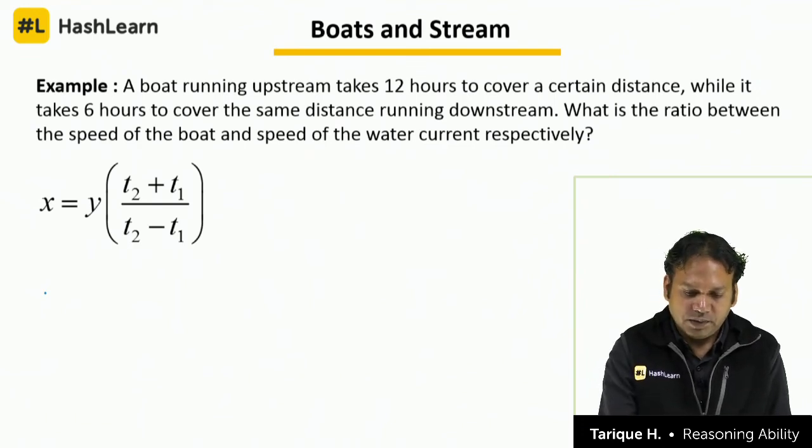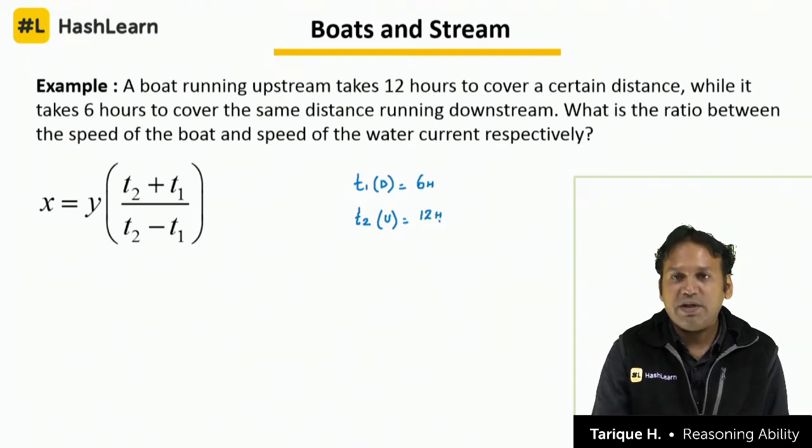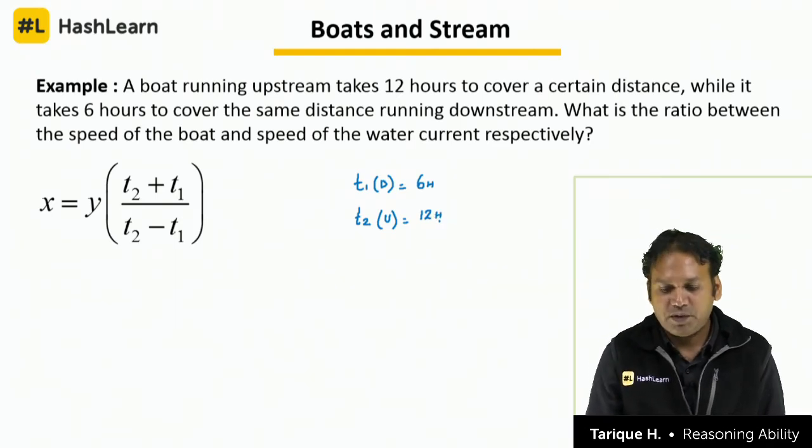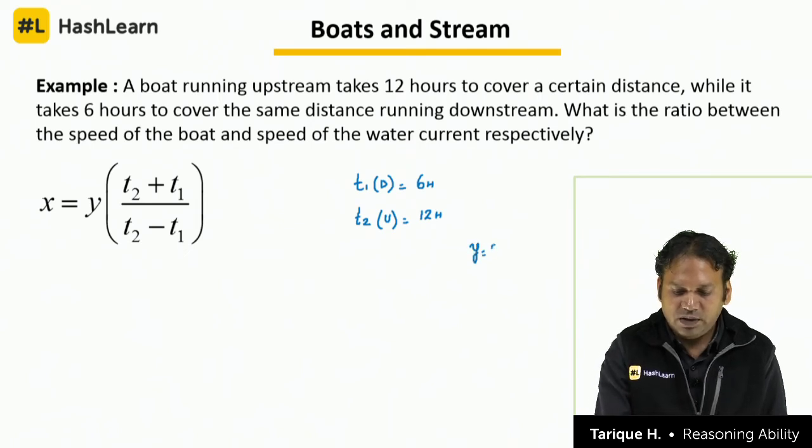So here, what is T1? Time taken to go downstream. Please understand, T1 is downstream and it is given to you as 6 hours, and T2 is the time taken to go upstream. Generally remember that time taken to go upstream will always be more than time taken to go downstream. y is not given to us.